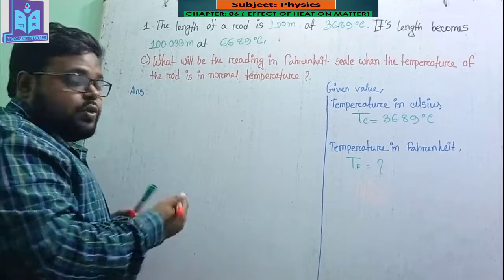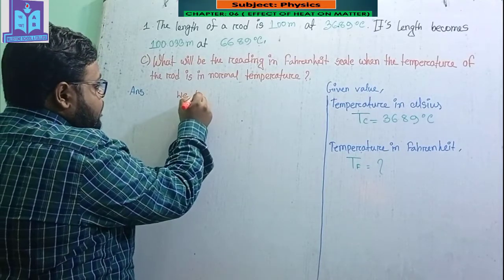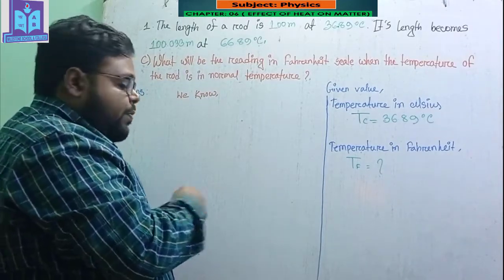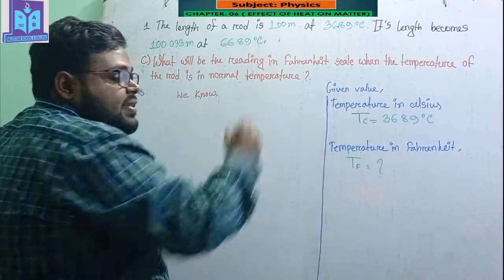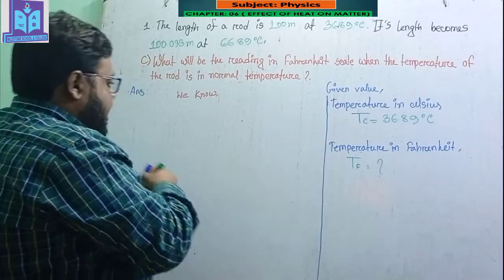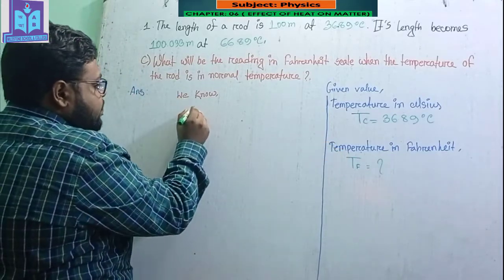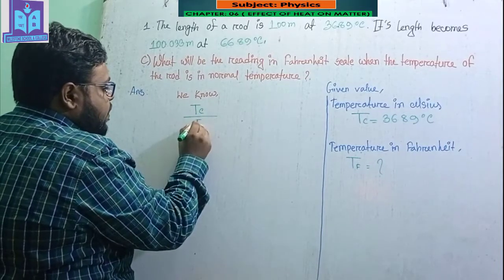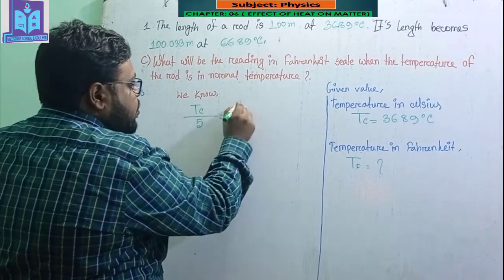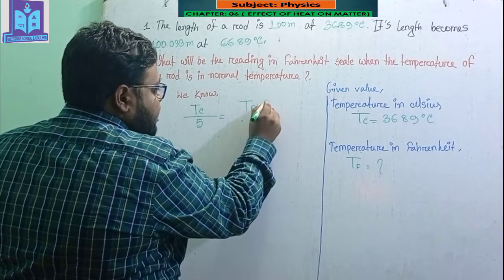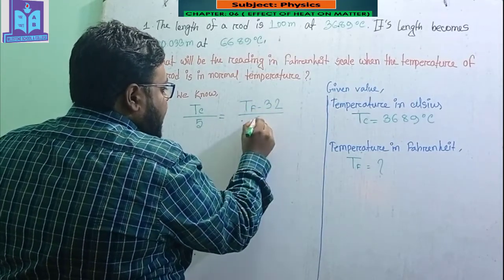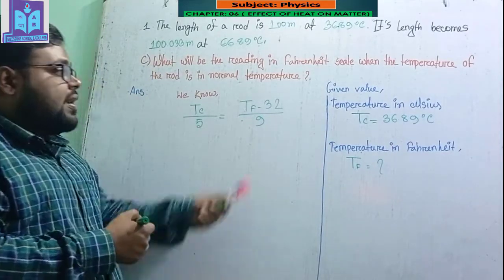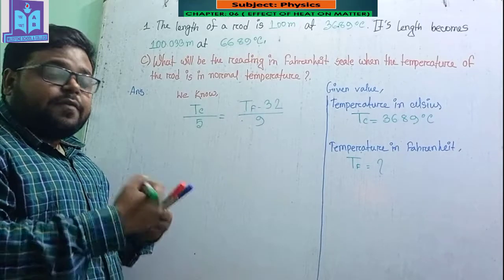Okay, so now we know there is a relation between Celsius scale and Fahrenheit scale, and the relation is Tc by 5 equals to Tf minus 32 by 9. This is the temperature in Celsius scale and this is the temperature in Fahrenheit scale.